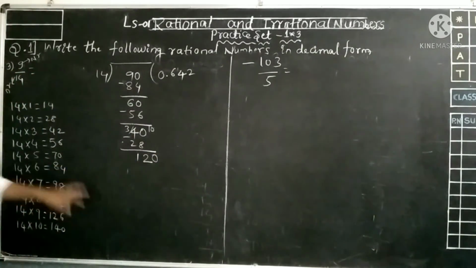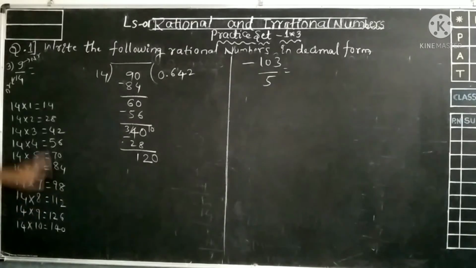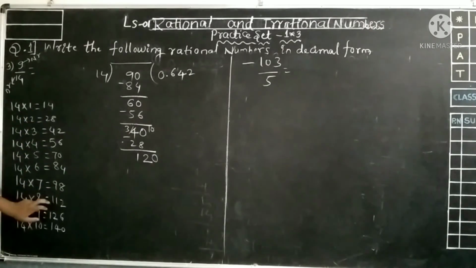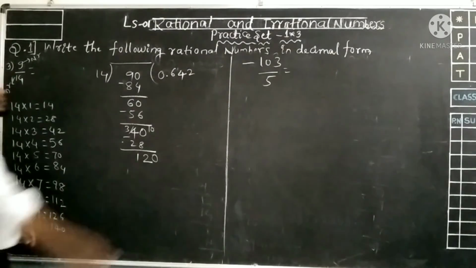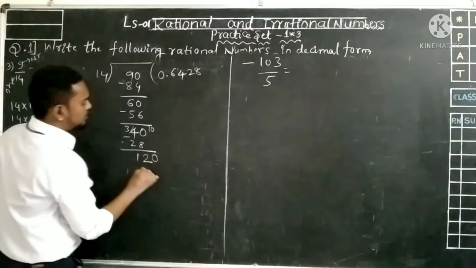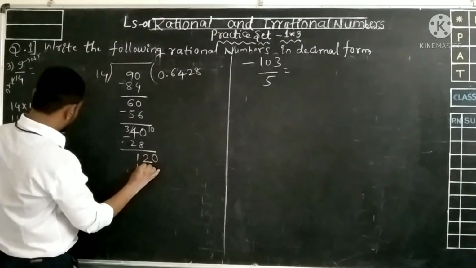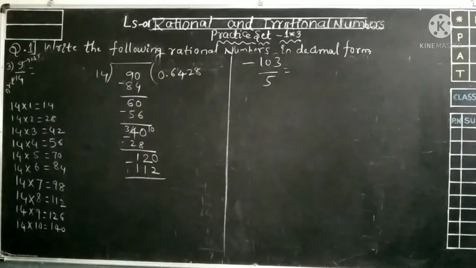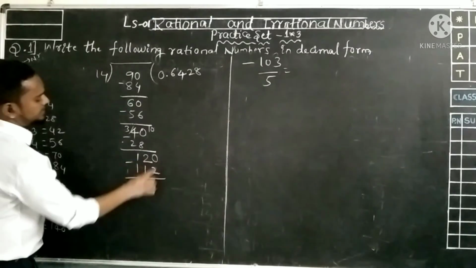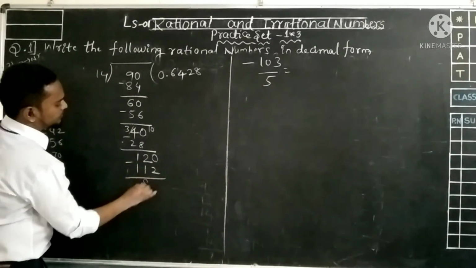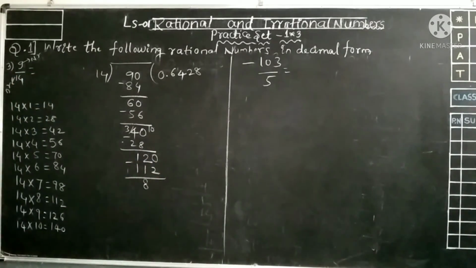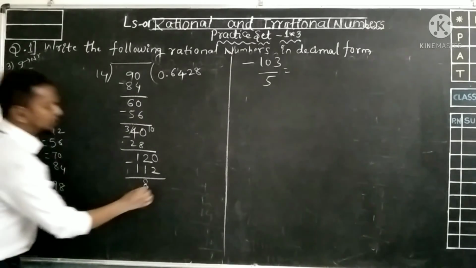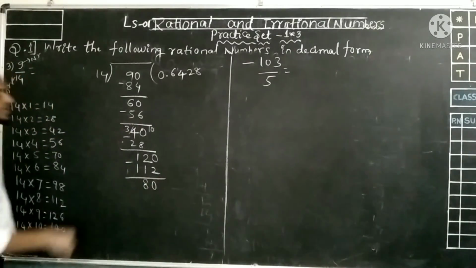Okay, 120 is not in the 14th table. 14 8s are 112. 120 minus 112 means 8. Again, we will put a decimal point, that is 0.